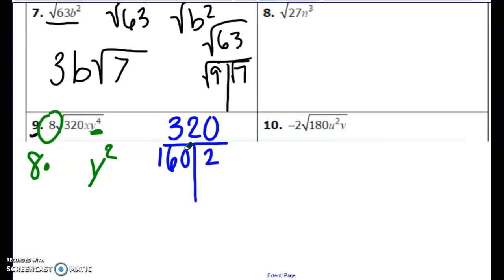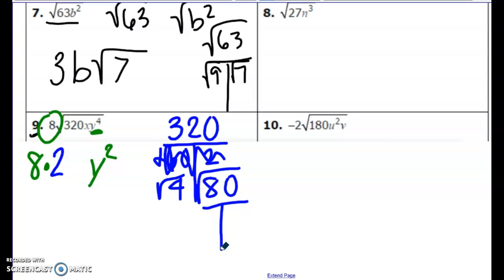But let's, okay, so let's do this. That doesn't really help us. So let's say 4 and 80. If I do 4 and 80, that's totally cool. I know that the square root of 4 is 2. But I still have the square root of 80, and I think that can break down into something.